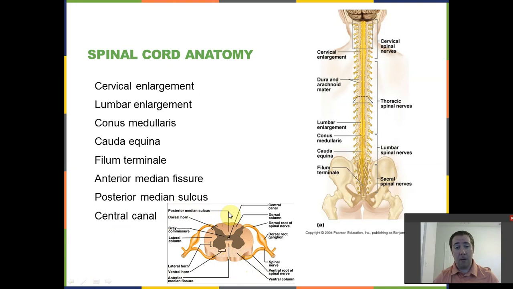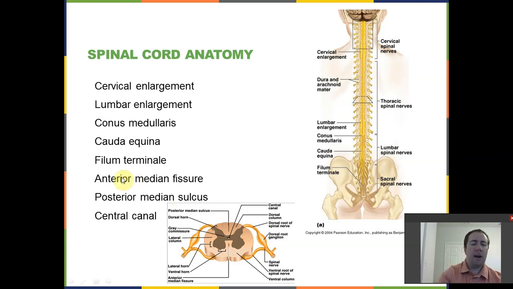And so you can figure it out based on that. But on something like a lab exam, that's not going to be filled in for you. And so you need to look at an unlabeled picture of a cross-section of a spinal cord, and you need to be able to figure out where is the anterior and where is the posterior portion.